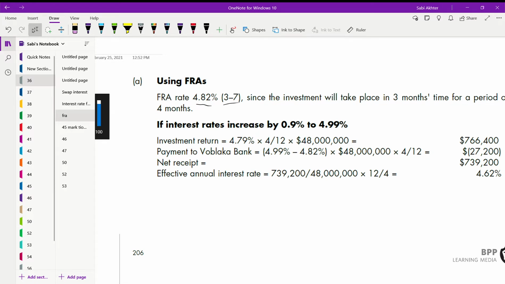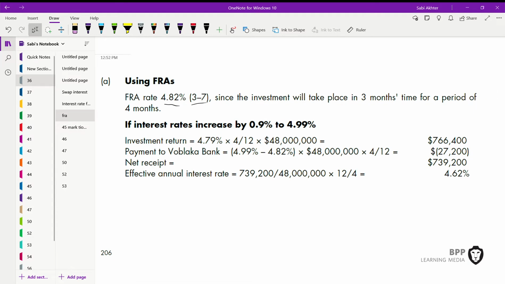Now, they have given you the reason why it is like that. Since the investment will take place in 3 months' time for a period of 4 months, understand what this means. When an investment will take place in 3 months' time, this is your starting point. Your starting will be 3.